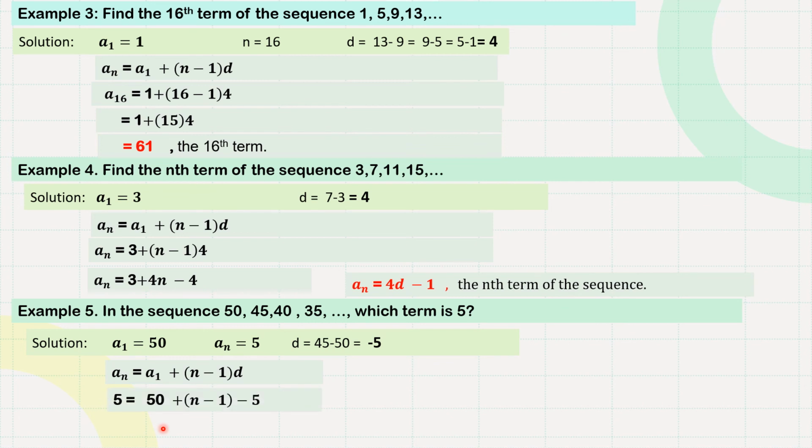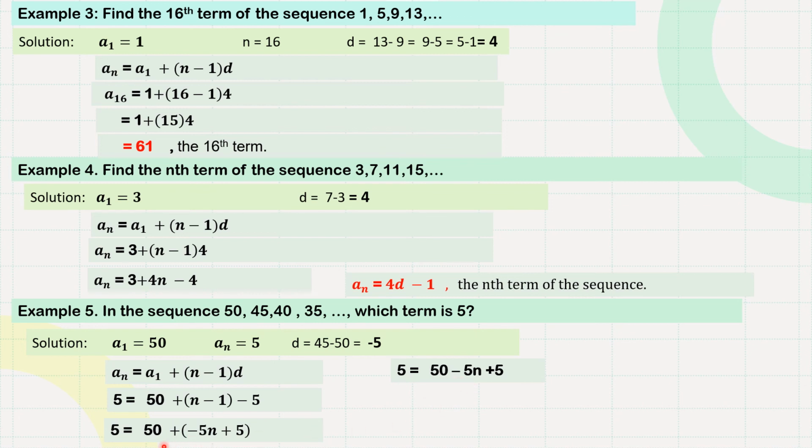Next, substitute. Yung a sub n natin ay 5. First term, 50. Ang n natin ang hanapin. Tapos, ito ang isi-simplify natin. Negative 5 times n. Negative 5 times negative 1. So, the result ay ito na. Kopya lang muna yung nasa left side. 50, yung nandito. Tingnan nyo paano sinimplify. So, positive 5. Ito ay negative 5n. So, 5 equals 50, positive 5 times negative 5n.